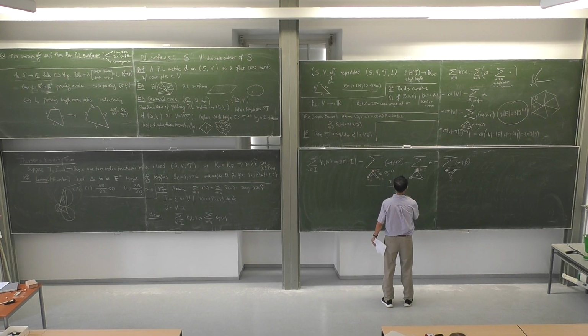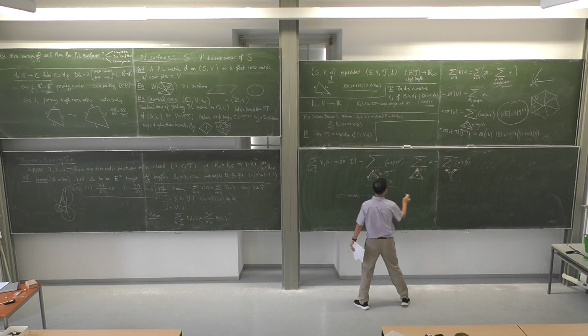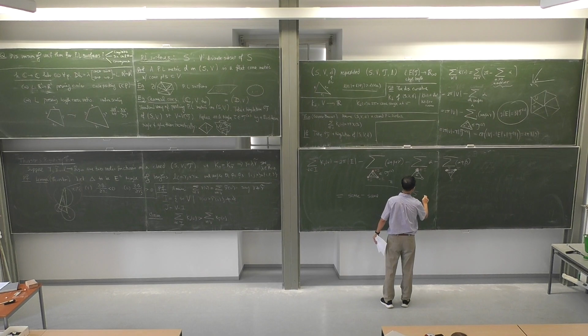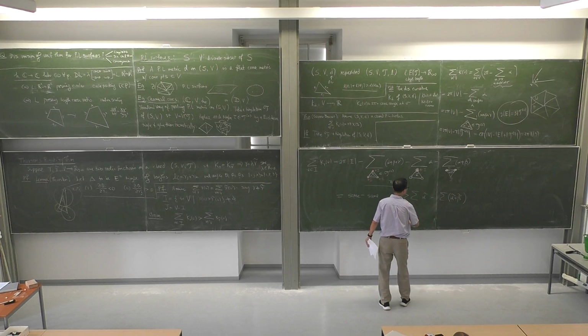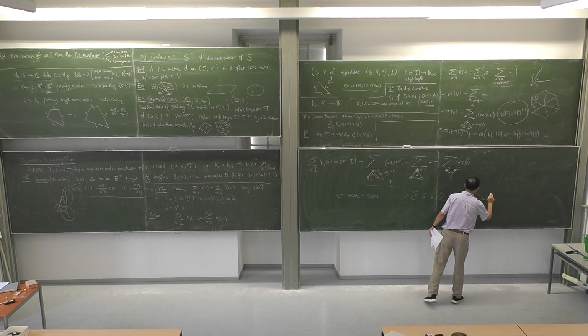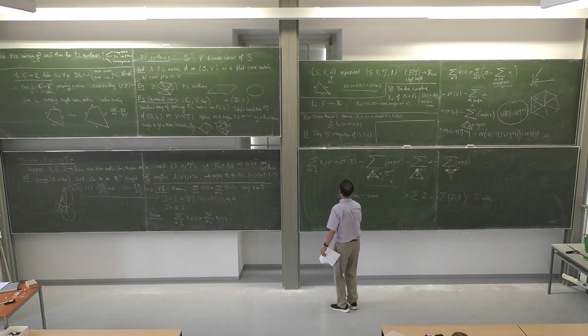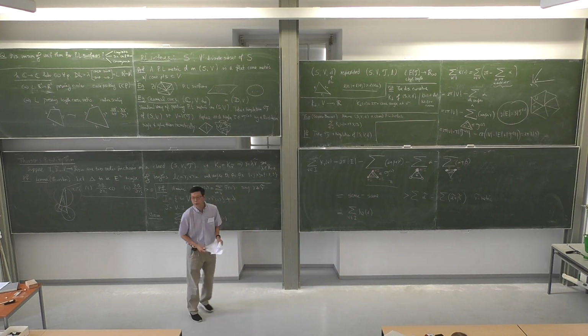Okay, so this is the same, and this is strictly bigger, alpha tilde, and this is also strictly bigger, for the R tilde metric. And that is equal to the curvature. Okay, so I'll stop here.